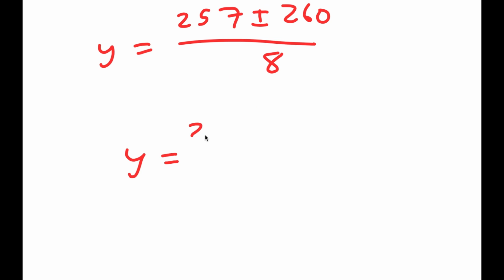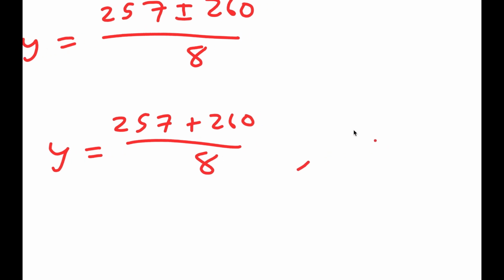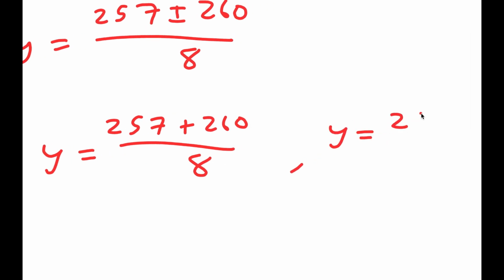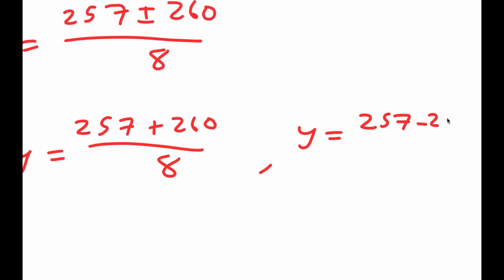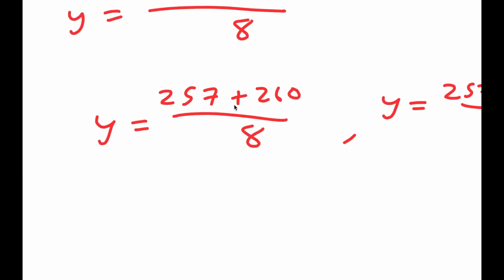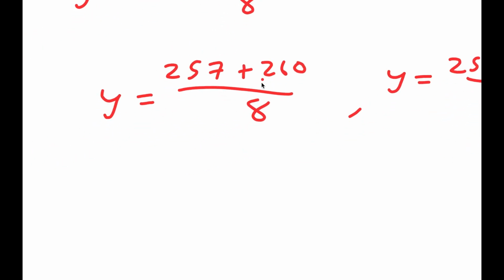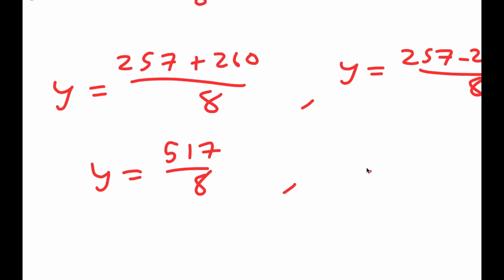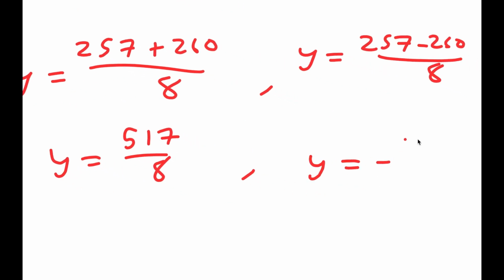So I get y is equal to 257 plus 260 over 8. And y is equal to 257 minus 260 over 8. So I get y is equal to 517 over 8, and y is equal to negative 3 over 8.